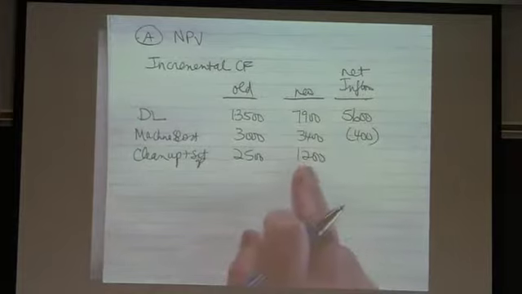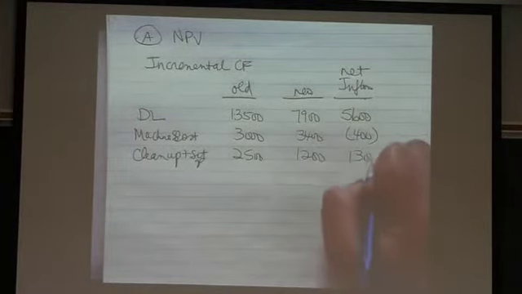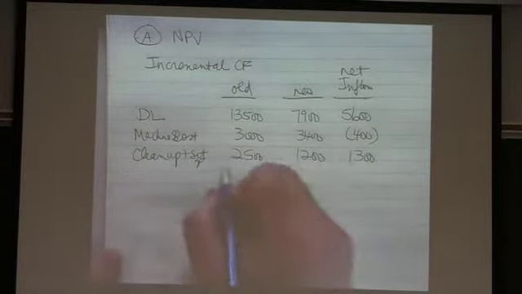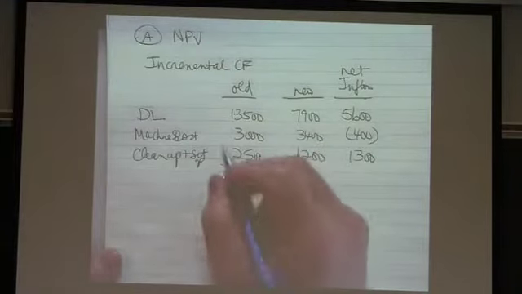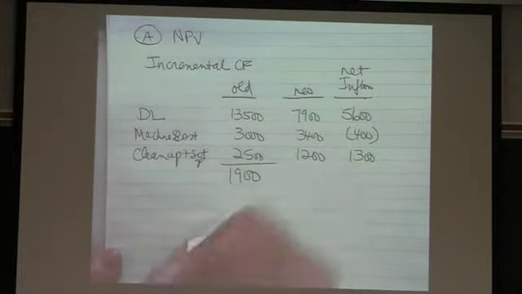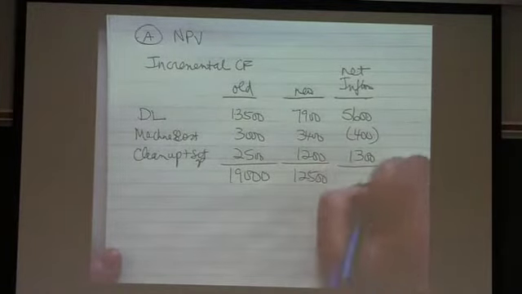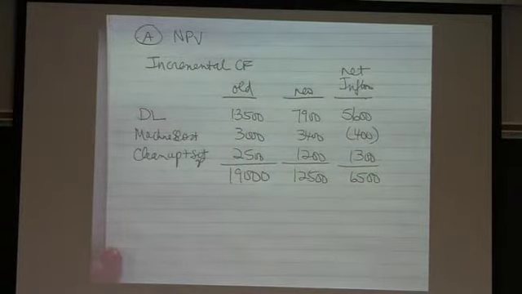So it looks like we're going to get a savings of $1,300 for that. Now, amortization is not relevant, right? Amortization is just an allocation of capital cost over the life of the asset. So to us, it's not relevant. So the total cash flow effect is 19,000 versus 12,500. So there's a positive cash flow of 6,500.